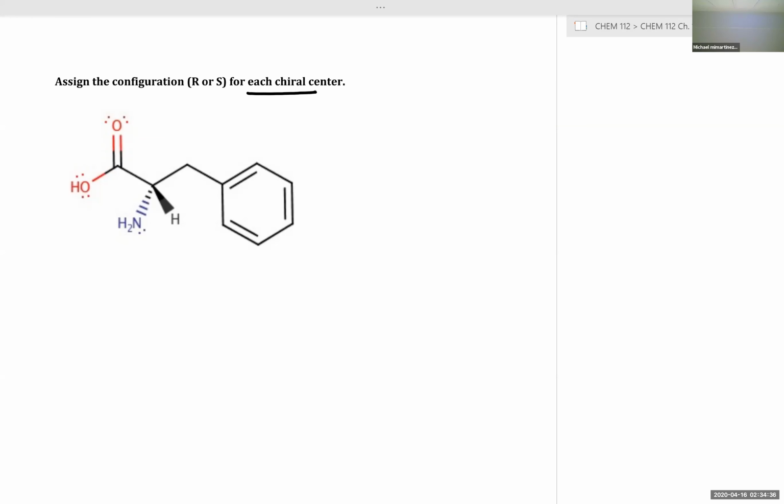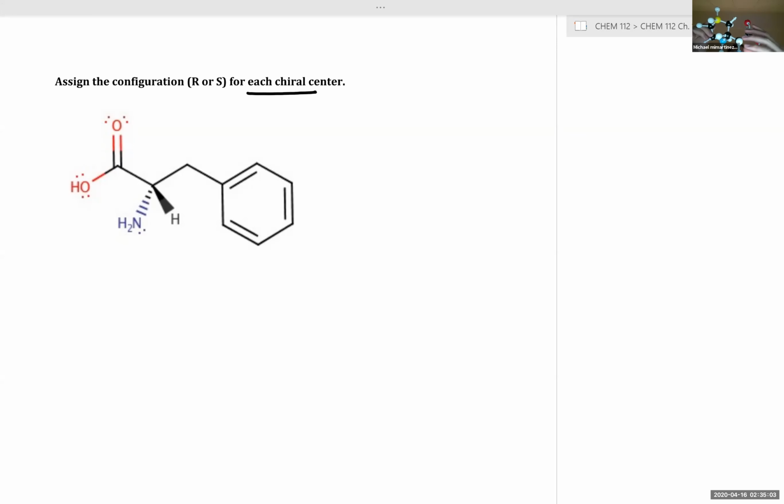Let's get a few more responses in the chat before we talk a little bit about this. Anyone else have a proposed solution for the following molecule?